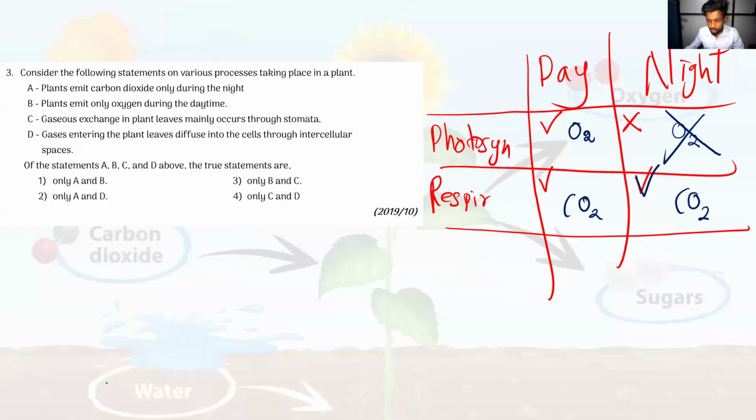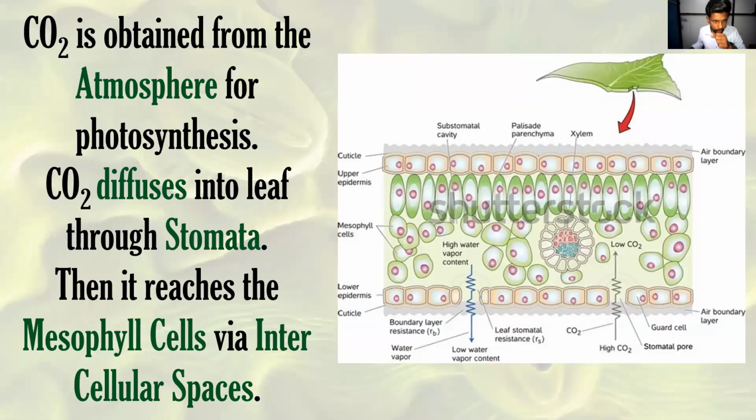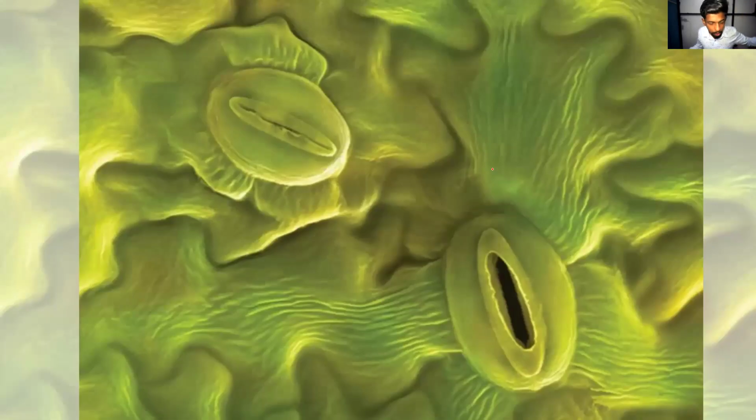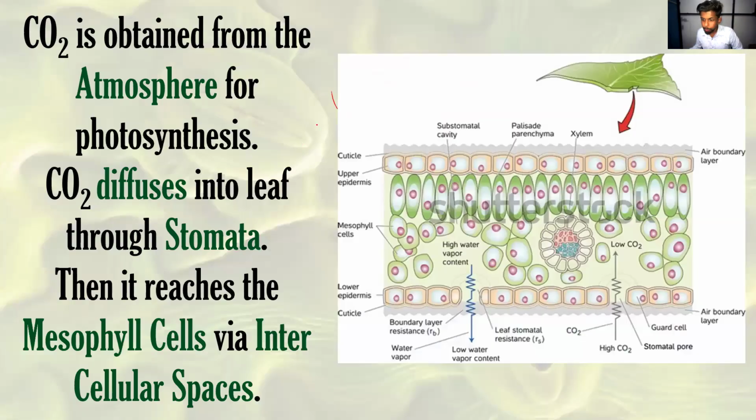Now see this picture, right? Here we have the small gaps in the leaf. That gap is called stomata, right? Look at this picture here. This is the microscopic view of the stomata. These are the stomata. Small gaps are there, right? And this is a side view. We have the stomata right here.